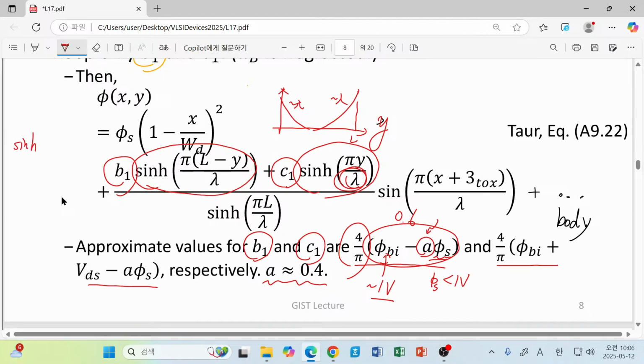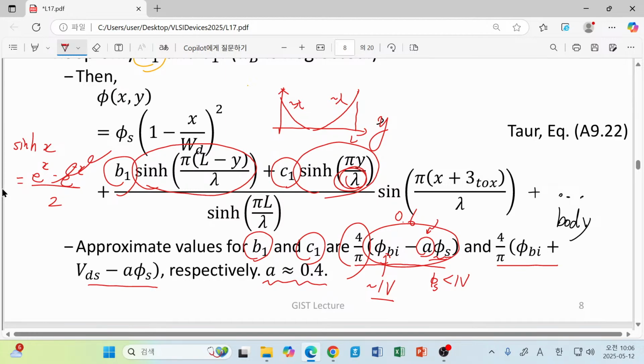Sine hyperbolic x, by definition, is nothing but exponential x minus exponential minus x divided by 2. So if we have a positive argument, this second term just vanishes. It is just a half of the exponential function.